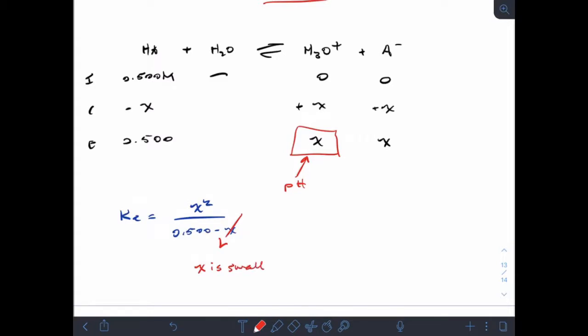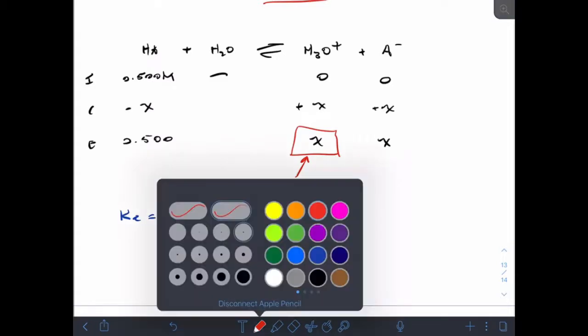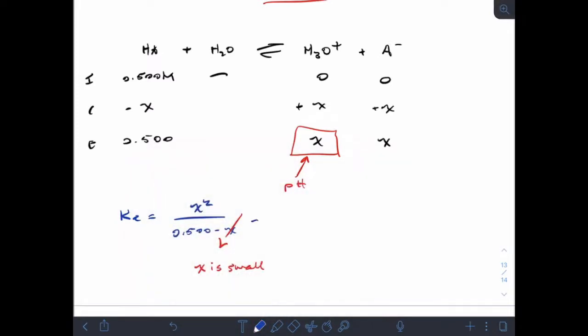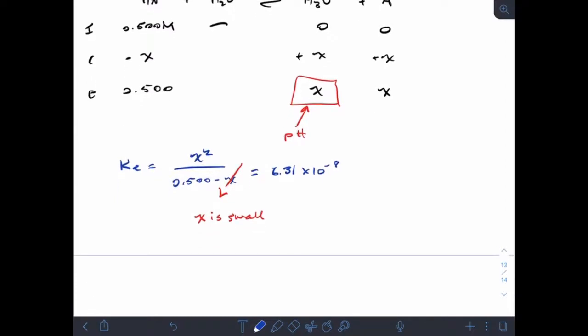That will simplify our math immensely. Equals our Ka, 6.31 times 10 to the minus 8. We'll do the math and we'll find that the pH is 3.8.